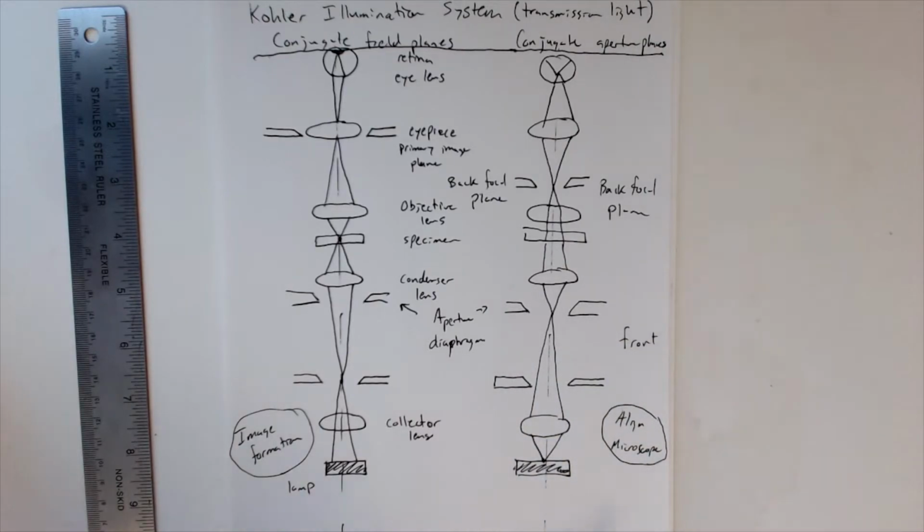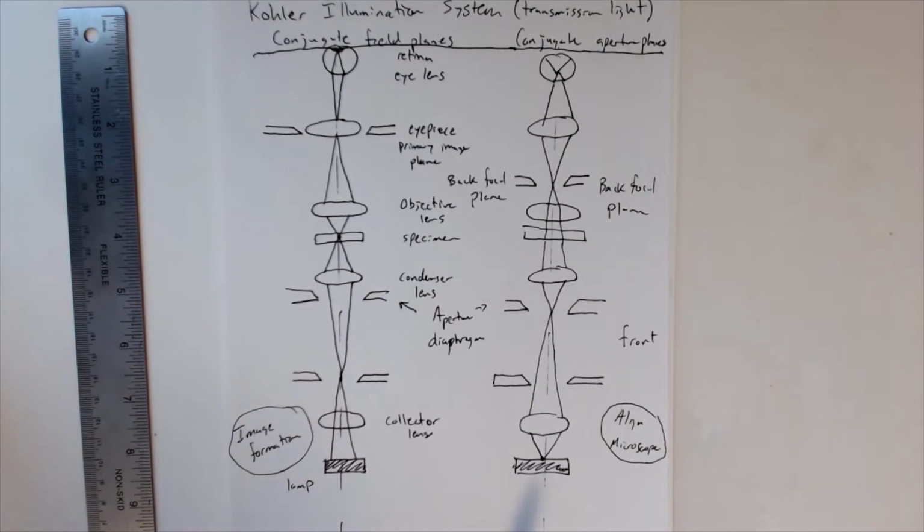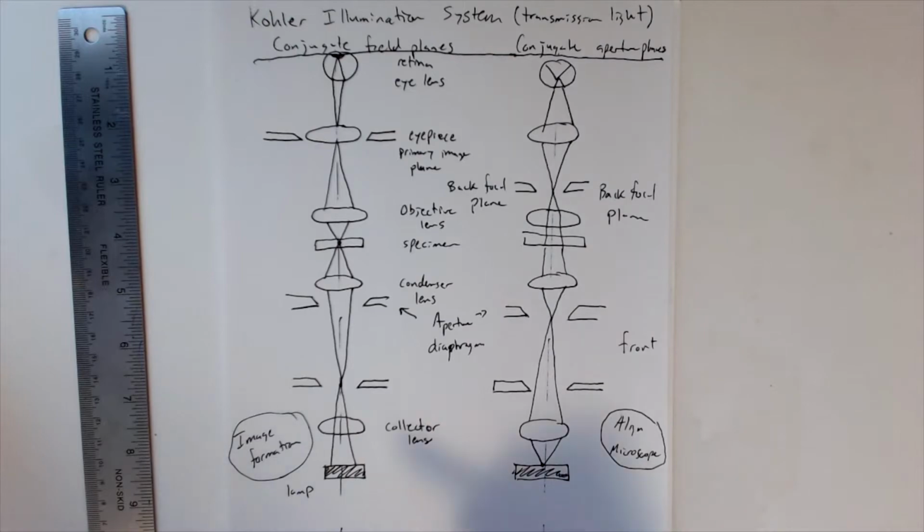All right, now that we've gone through the overview of this ray diagram for the Kohler illumination system, I want to focus a bit more on these apertures or diaphragms that we're talking about. So I didn't fully label this.